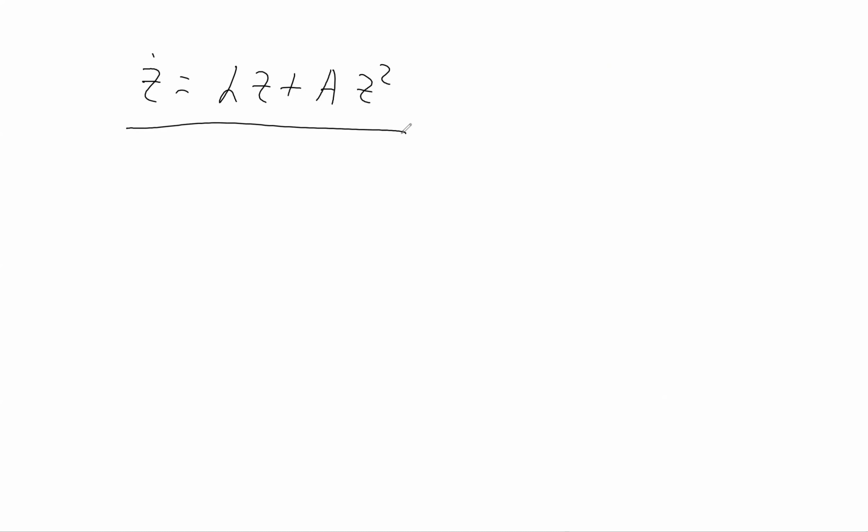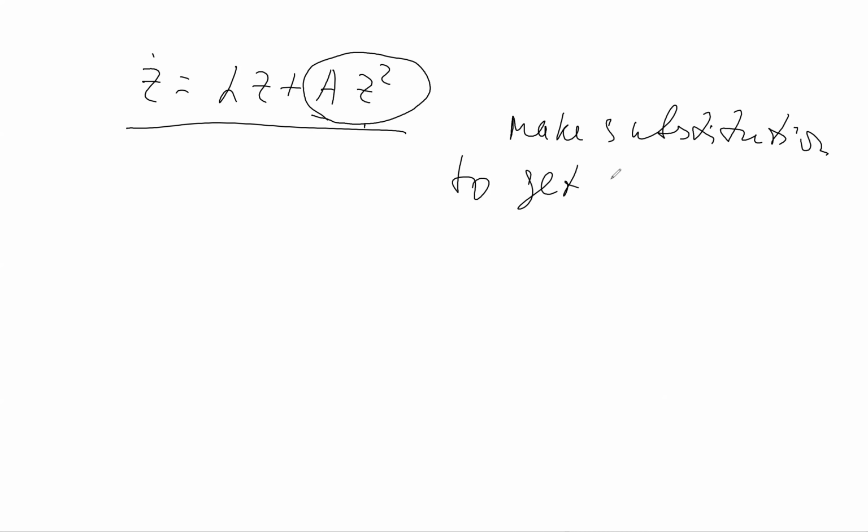And now our goal is to understand whether we can get rid of this quadratic term. What can we do about this quadratic term? Ideally, we make a substitution to get rid of a z squared. I'm not finding it, I'm telling you what it is.